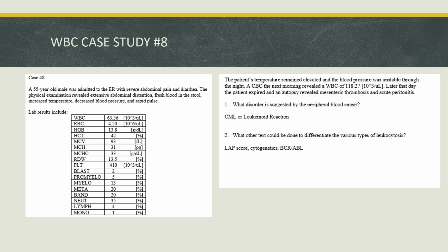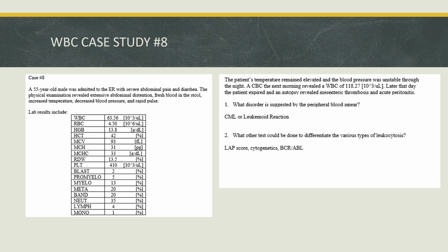We have 2 blasts, 2 promyelocytes, 13 myelocytes, 20 metamyelocytes, 20 bands, 35 neutrophils, 4 lymphocytes, and 1 monocyte. So again, we're seeing some immaturity. We even see a couple of blasts in circulation, but this is going to be below that 30%, so it's not an acute.